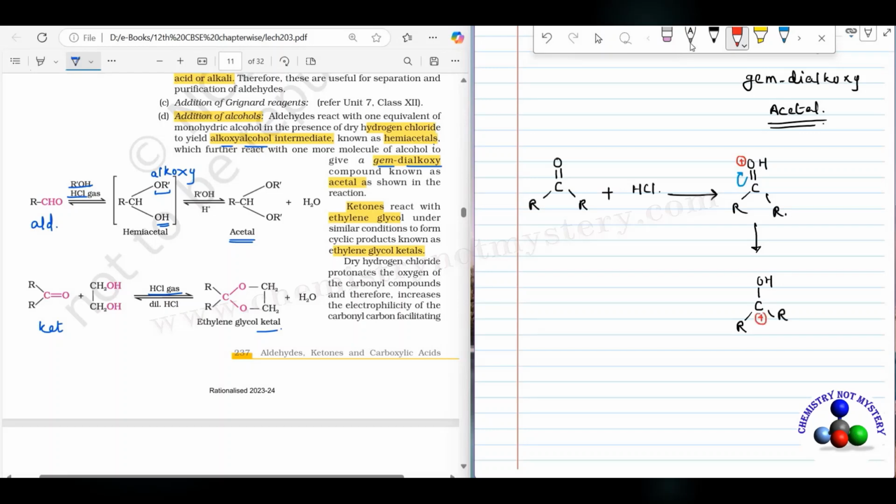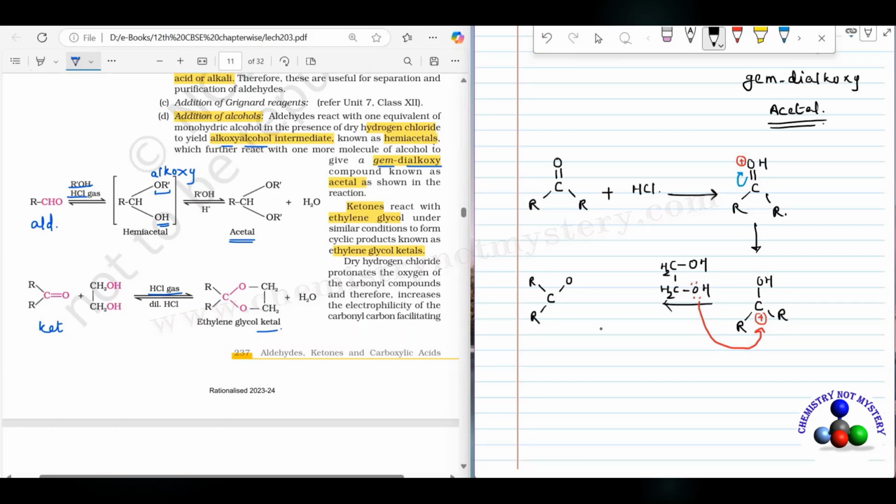Now this positively charged carbon reacts with ethylene glycol. So here let's draw the structure of ethylene glycol. So here this is OH. It is bonded to CH2, OH. Now one of the oxygens gets attached to the positively charged carbon. So here you will get carbon. There were two alkyl groups.